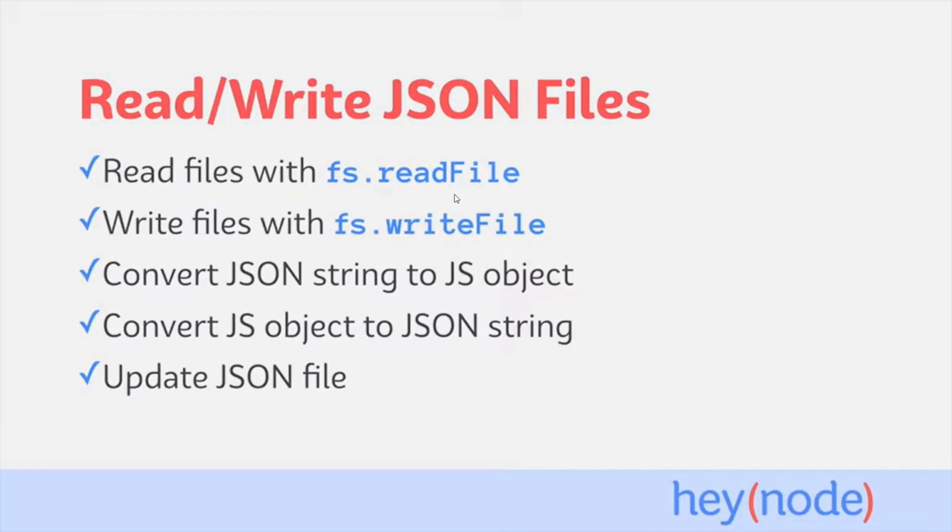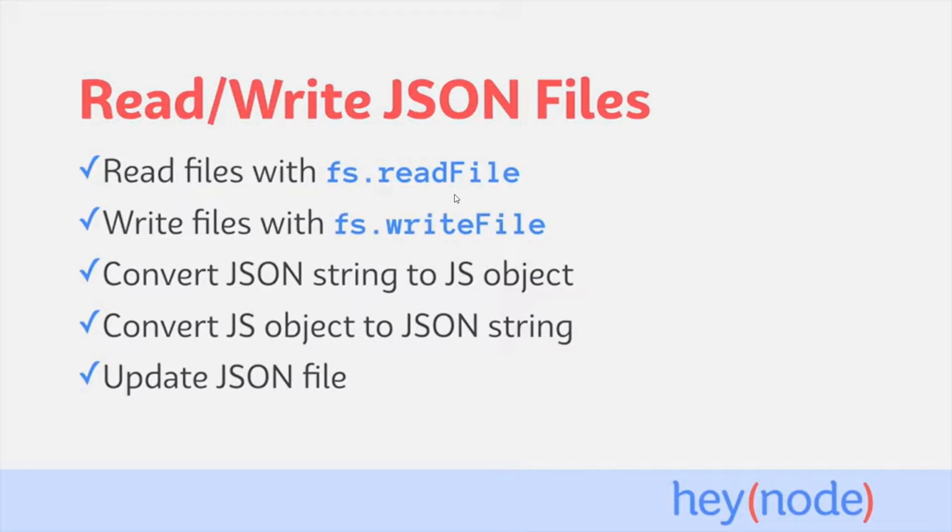We will learn how to convert a JSON string to JavaScript objects using JSON.parse. We will also learn how to convert JSON objects back into a JSON string using JSON.stringify. We will also learn how to update an existing JSON file on disk.